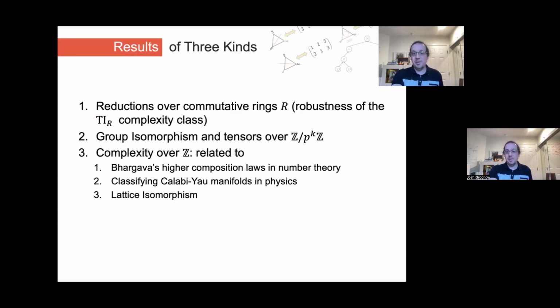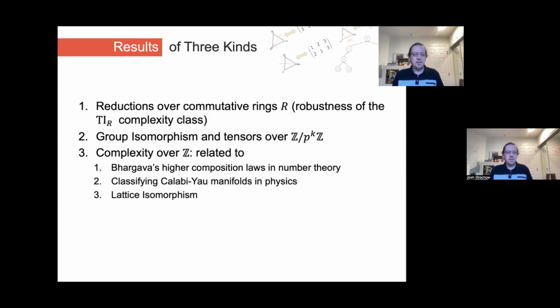Okay, now we come to our paper. There are three kinds of results in this paper, and I'm going to talk about the motivation, the challenges, and the results for all three of them. The first is reductions between various tensor isomorphism style problems over various commutative rings R. This is about the robustness of the TIR complexity class, or problems that are reducible to tensor isomorphism over a ring R. The second set of results are about group isomorphism and tensors over the integers mod prime powers.